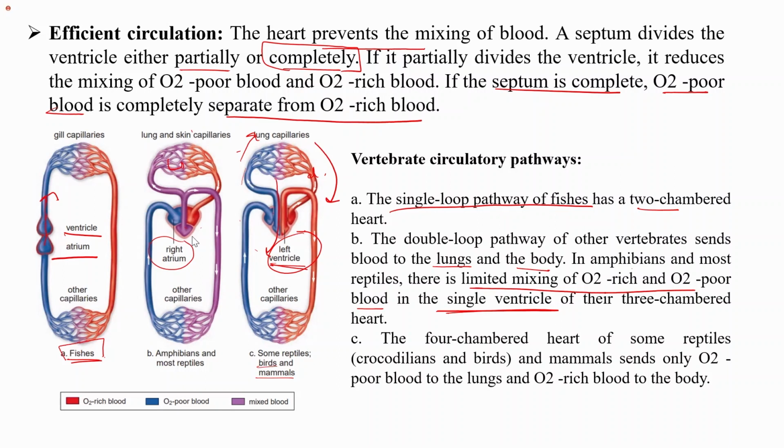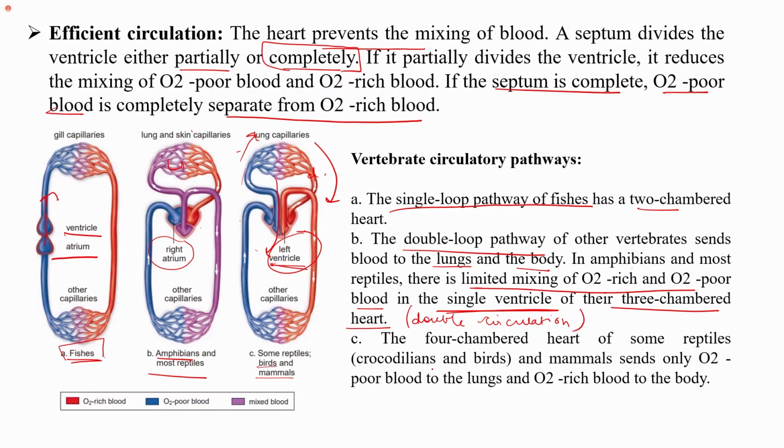You can see here that there is a single ventricle, and in it there is a slight mixing of the blood. So it is a 3-chambered heart, but it is a double circulation. There is a double loop pathway, right? So a three-chambered heart is present in most of the reptiles and in amphibians.